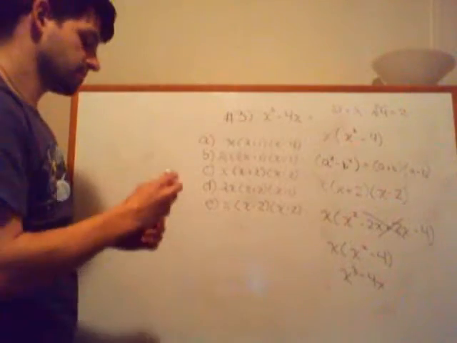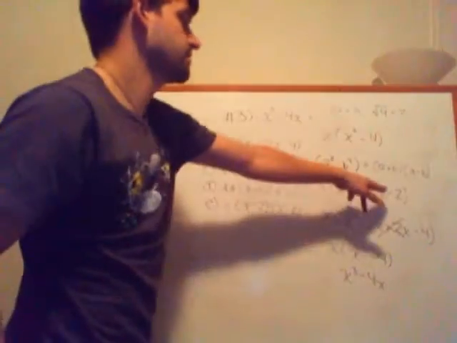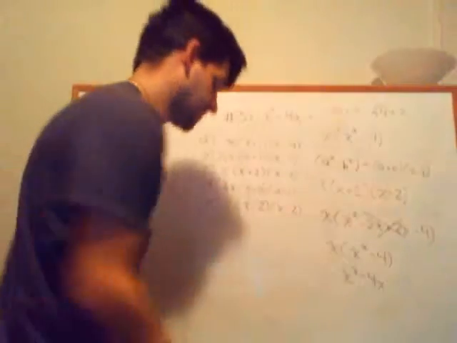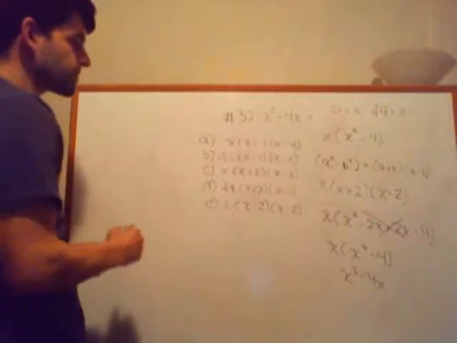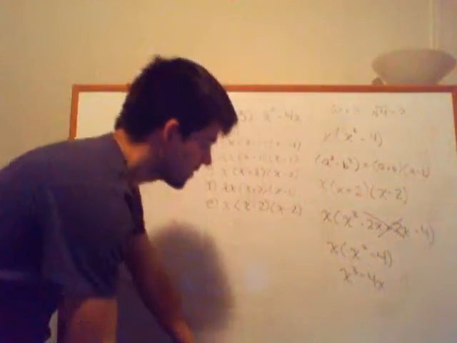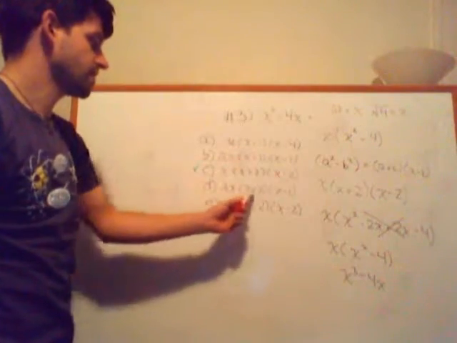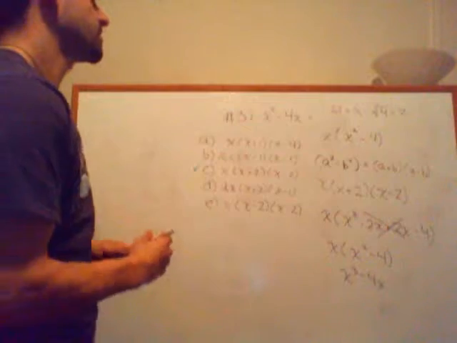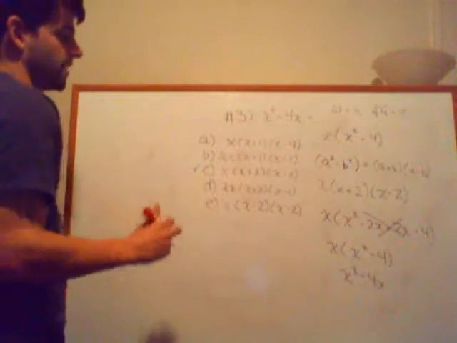Okay? So this does indeed work, and as we see, the factored form is x times the quantity (x plus 2)(x minus 2). Now for the remainder of this question, all I want to do is show you that when you FOIL out all the other possible answers, you don't get anything close to x cubed minus 4x.